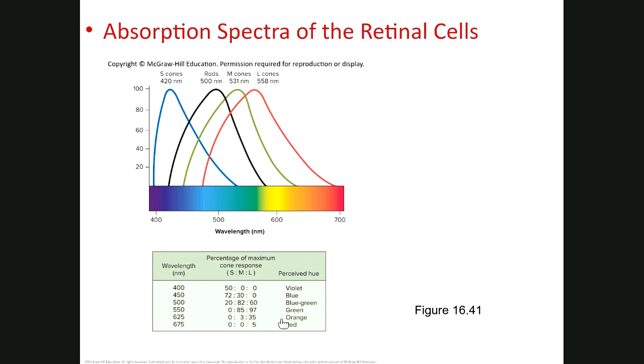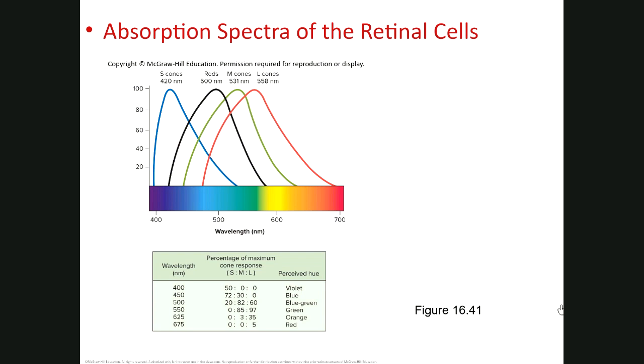Whichever cone cell you're missing, the colors whose wavelengths fall into that type of cone cell will be the ones you're missing, and you will be colorblind to them. Color blindness may also be familial, or it can come through your development as an embryo.